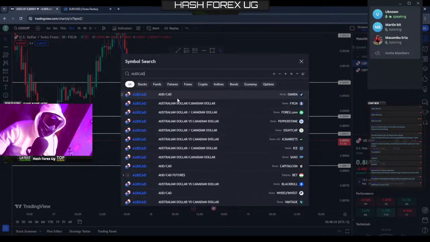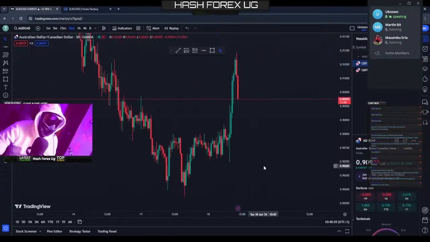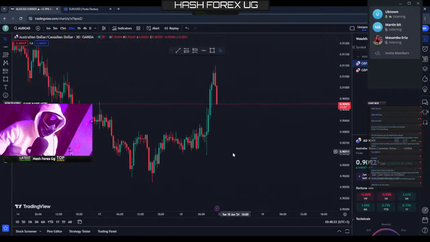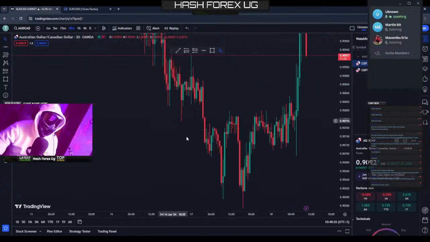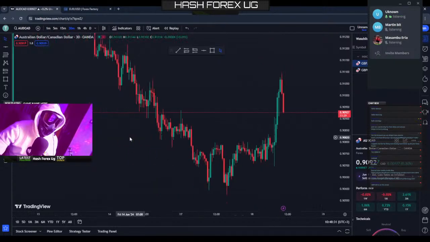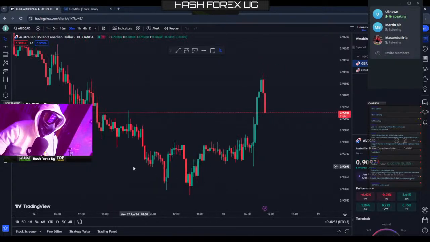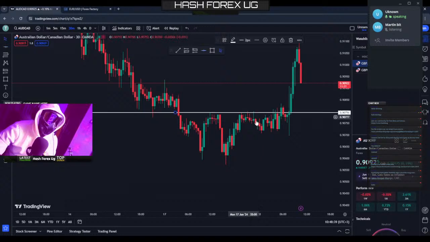AUD CAD, Australian dollar and the Canadian dollar. The Canadian dollar is still making some ranges, so it might be somewhat tricky today. It has already moved and filled most of the ranges we had.